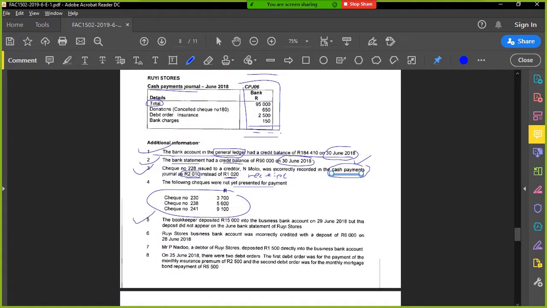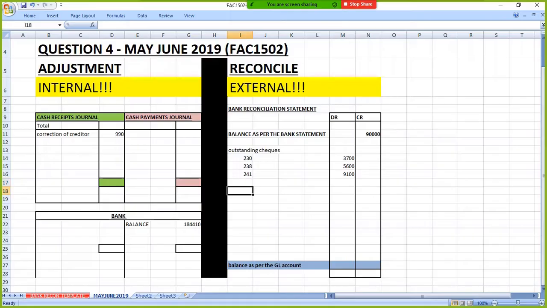Number 5. The bookkeeper deposited 15,000 into the business bank account on 29 June. But this deposit did not appear on the June bank statement. Right, so again, decide who's correct. Okay, the bookkeeper deposited the money, but the bank hasn't shown the money. So that's an outstanding deposit. Okay. Did you have the same thing?